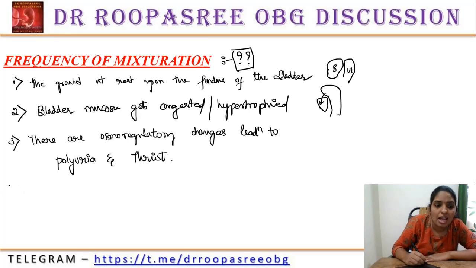Polyuria and thirst, as after the 12 weeks or first trimester. The first trimester is up to 12 weeks; some will say up to 14 weeks also. It may be up to 12 or 14 weeks.